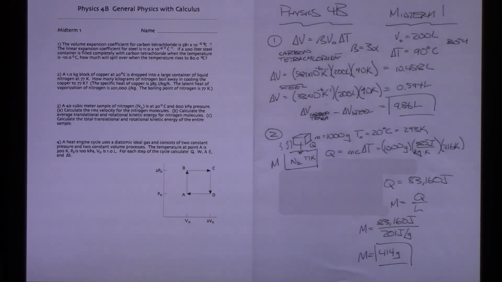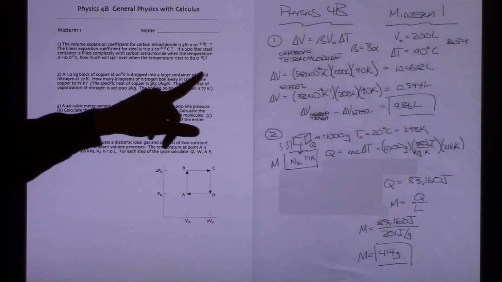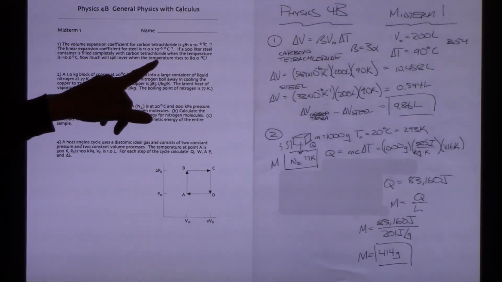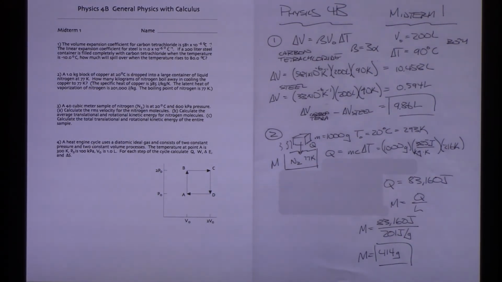Now, if the steel and the carbon tetrachloride have the same expansion coefficients, then we don't expect anything would spill out. But when we carry out these calculations, we find that the carbon tetrachloride has a thermal expansion coefficient of 581 parts per million.